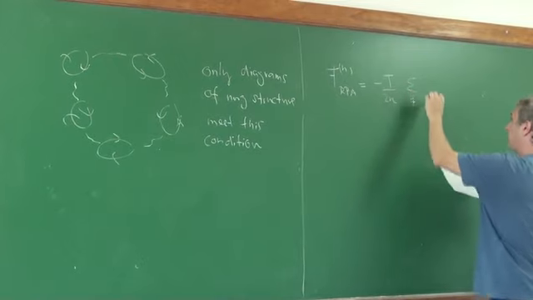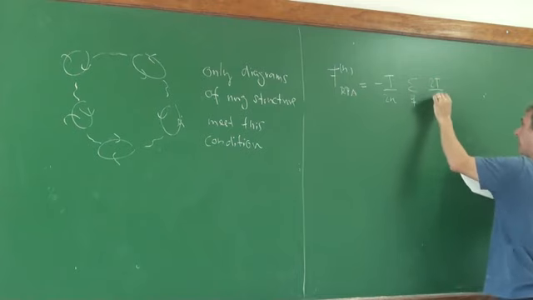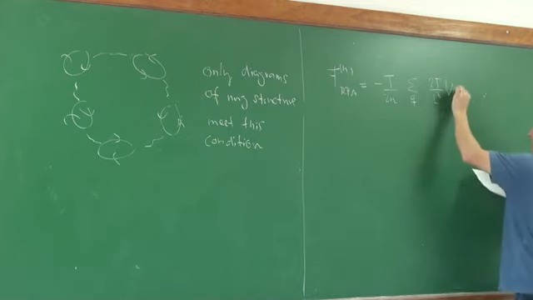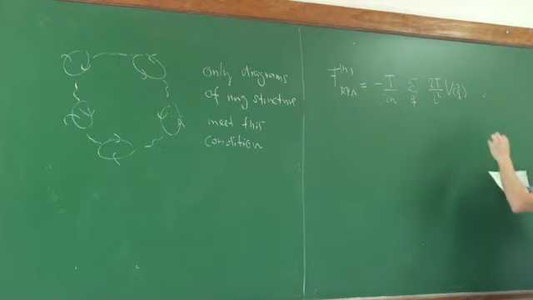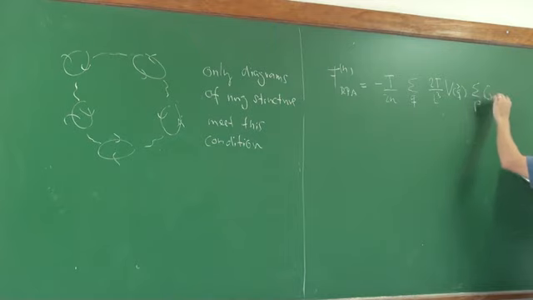So in the nth process, we should have n interaction potentials, and we should have n particle hole bubbles appearing. So this is just here one particle hole bubble.